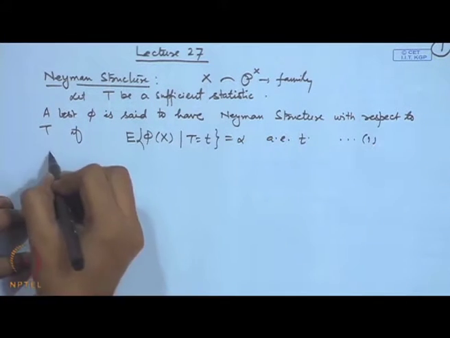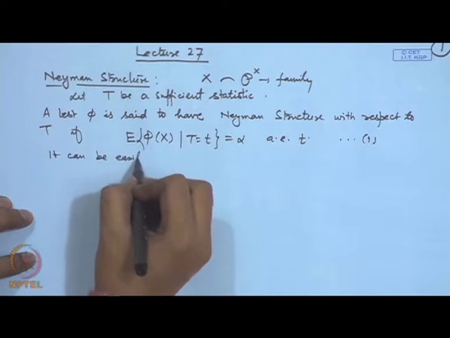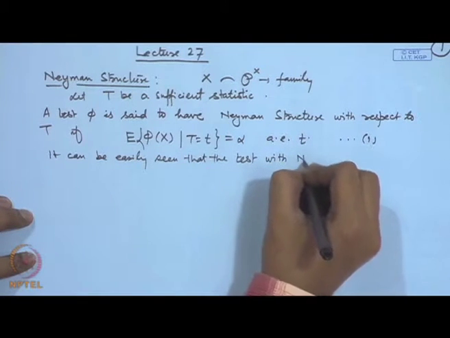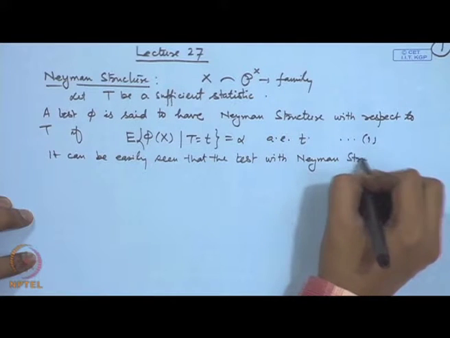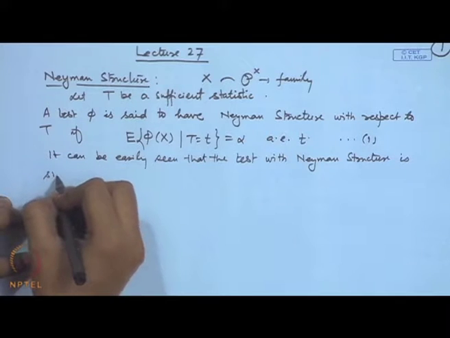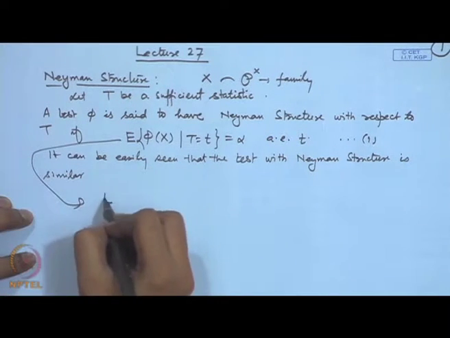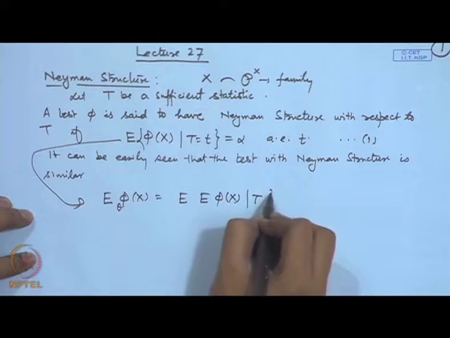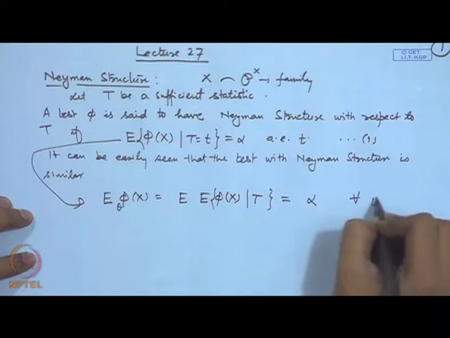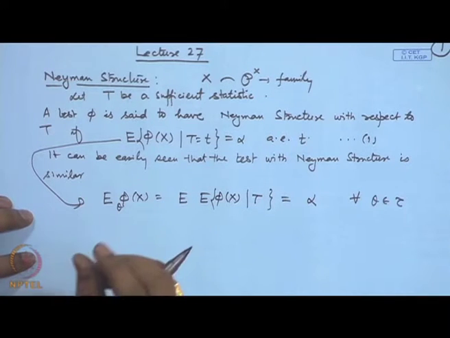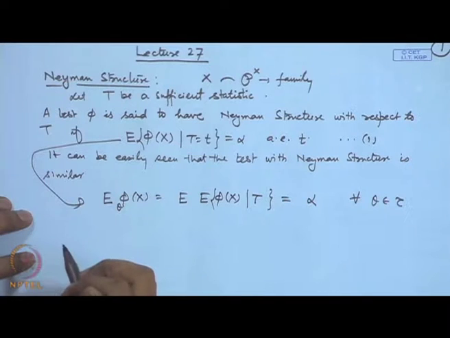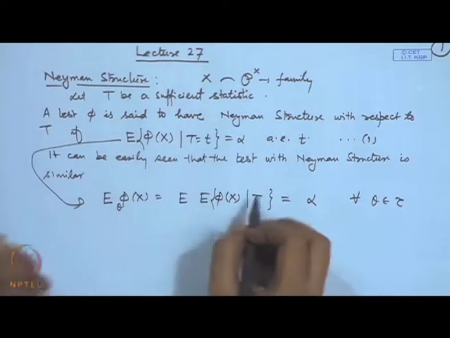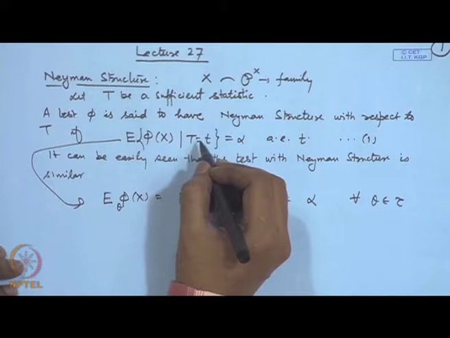It can be easily seen that a test with Neyman structure is similar, because the expectation of phi(X) is equal to the expectation of the conditional expectation of phi(X) given T, and this is equal to alpha for all theta belonging to the boundary of the null and alternative hypothesis sets. So, what we are saying is that the condition of power, or similarity, is brought down to the level of the sufficient statistic, that is, the orbits of the sufficient statistic.